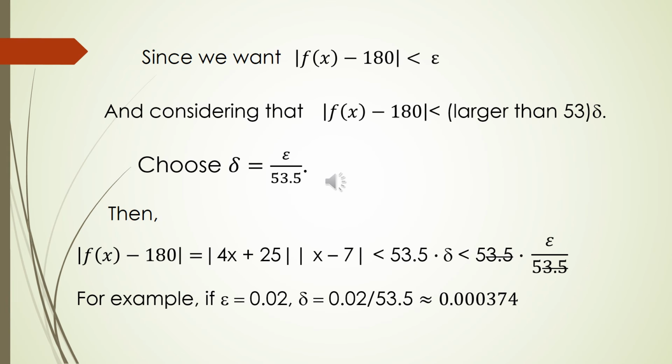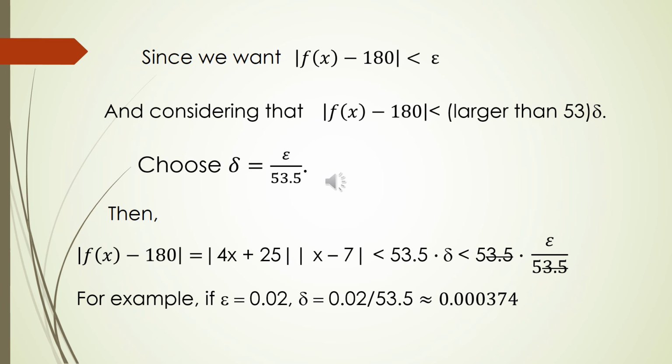Since we want the distance between f of x and 180 to be less than epsilon, and considering that we just showed that the distance between f of x and 180 will be less than some number slightly larger than 53 times delta, choose delta to be epsilon divided by 53.5. Again, the 53.5 is just a number that is slightly larger than 53.